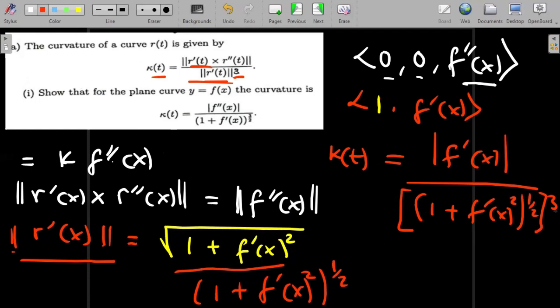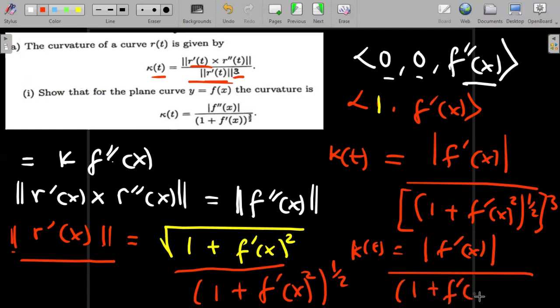And of course, this 3 can multiply this power, and you have k of t equal to the modulus of f prime of x divided by (1 plus f prime of x squared) to the power 3 over 2. So this is the end of the proof.